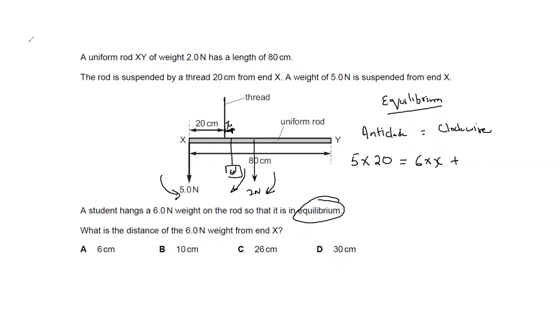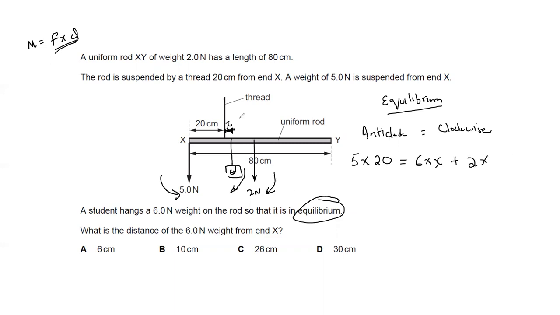The formula for moment is force multiplied by distance. And when an object is in equilibrium, the total clockwise moment is equal to the total anti-clockwise moment. So force is 6 and the distance between the pivot and the force is x, unknown. So we write 6x. Then there is also another clockwise moment because of the force of 2 Newton.